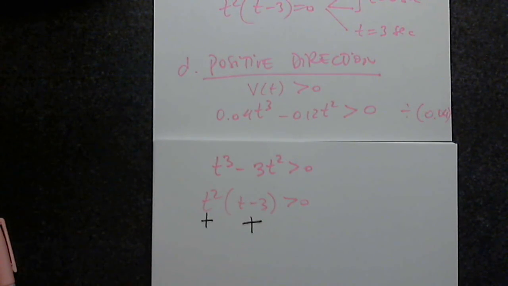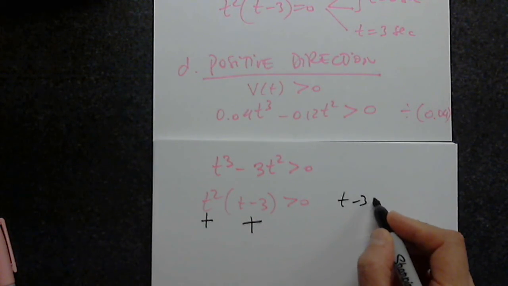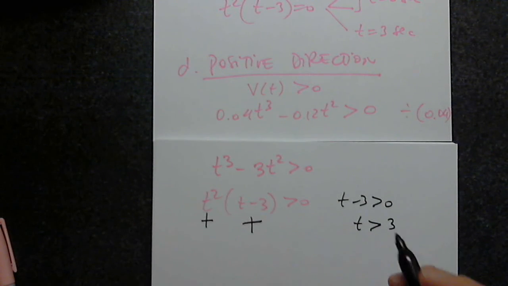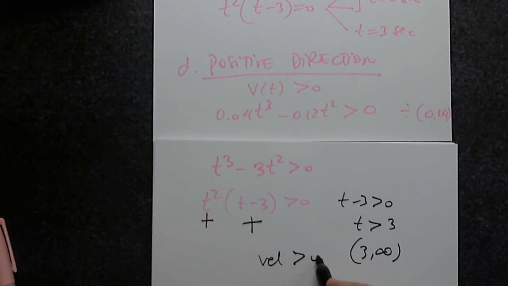So obviously this is the requirement. The t minus 3 is also positive. So if t minus 3 is positive, it means that on the interval 3 to infinity, the velocity is positive. And it's negative between 0 and 3.